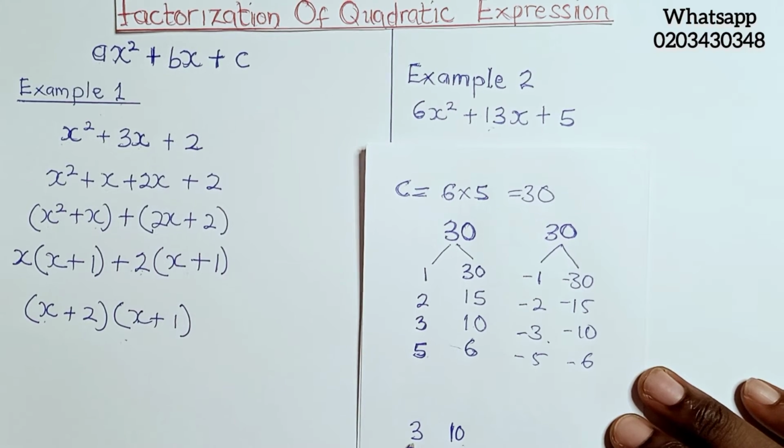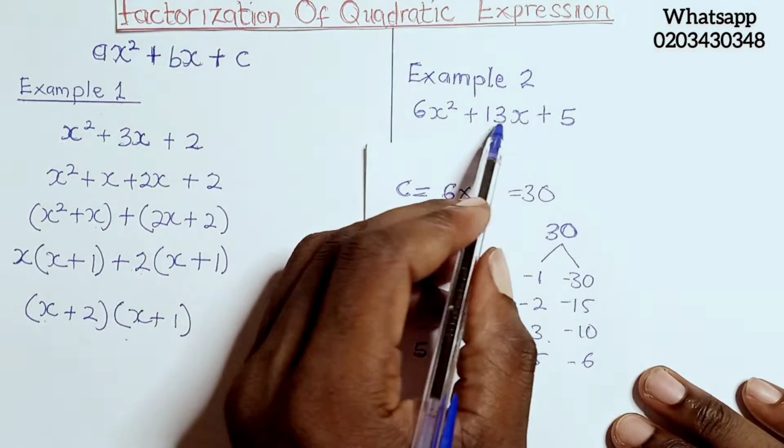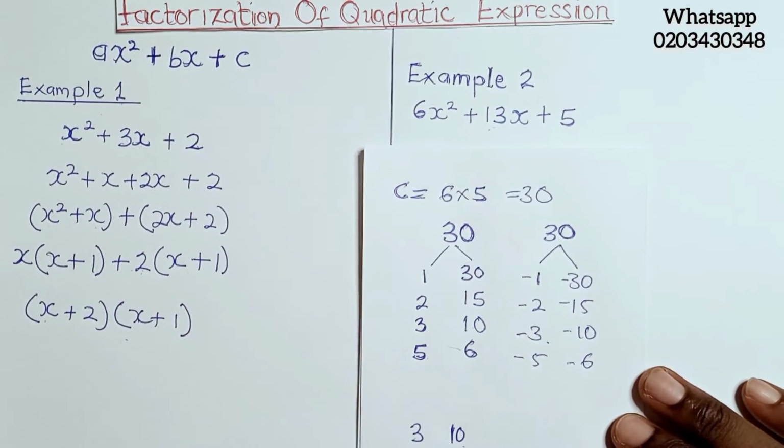Then we'll multiply these two factors by x. So we have 3x, then we put the summation there. So we are using this to replace the 13.